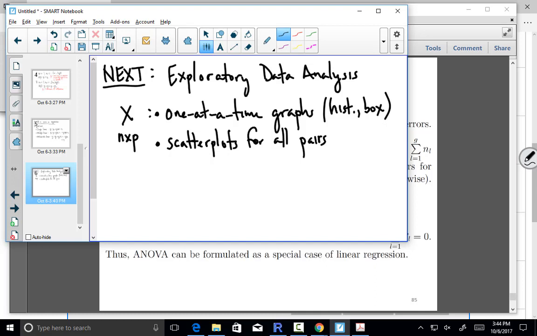Let's take x1, make a scatter plot with x2. Now let's take x1, make a scatter plot with x3. You could make all the pairwise scatter plots. Look at each one of them, and it gives you just an informal view of what the interrelationship is between those two variables.